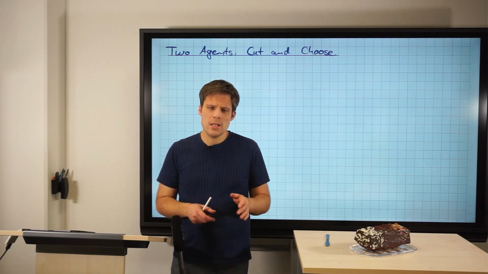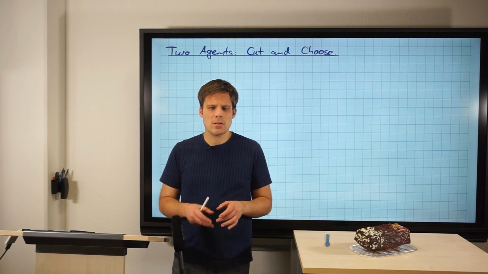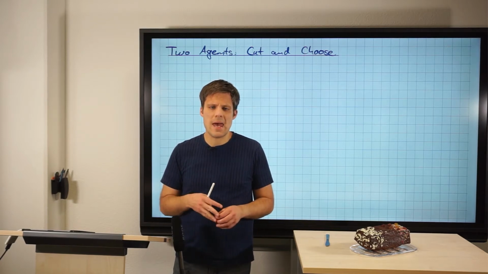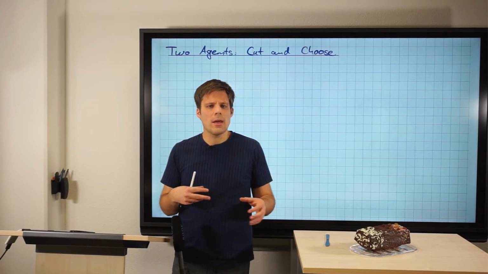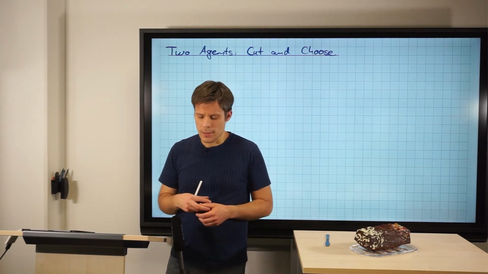And why is this perceived as a good way of allocating things? Because the first agent will just try to cut things as evenly as possible so that they are actually happy with whatever they are getting.